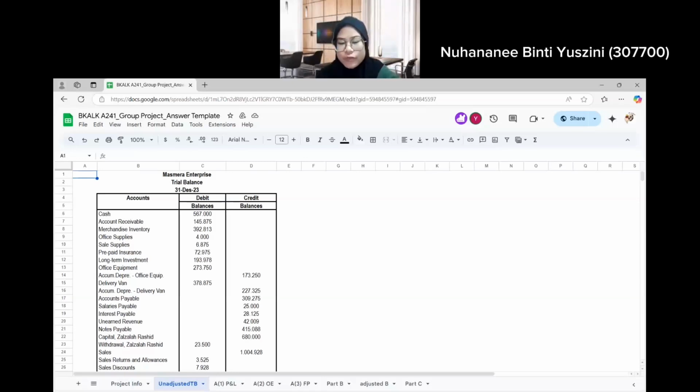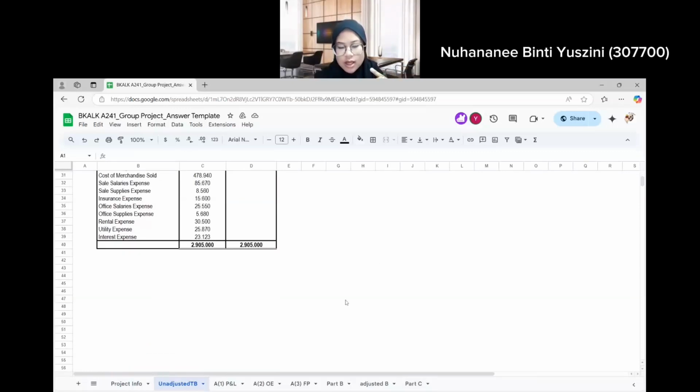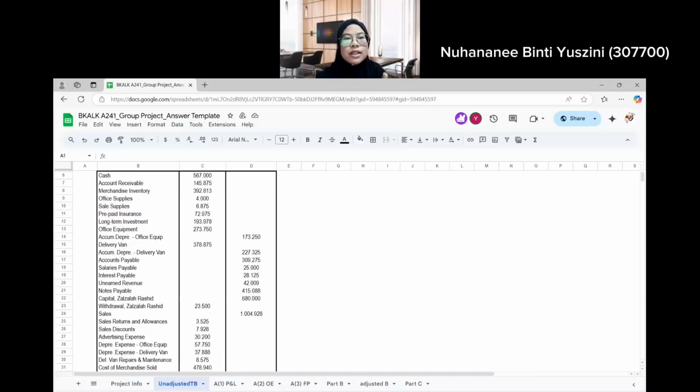Cost of merchandise sold goes only under cost of merchandise sold, because we are not given other information in this unadjusted trial balance. The next ones are sales salaries expense, sales supply expense, insurance expense, office salary expense, office supplies expense, rental expense, utility expense, and interest expense. All of these are in the expense compartment.